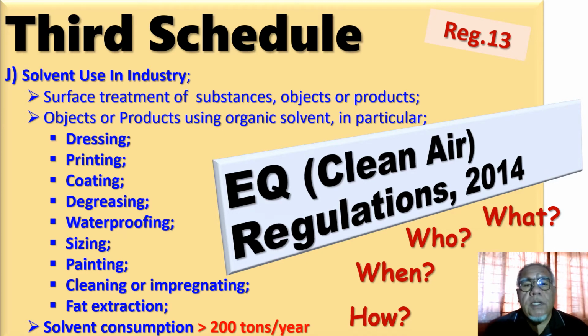Right, we'll continue today with another type of industry which is listed in the first schedule. This industry is quite common, and actually it's not really categorizing an industry, but apparently for this particular part J are industries that use solvent.